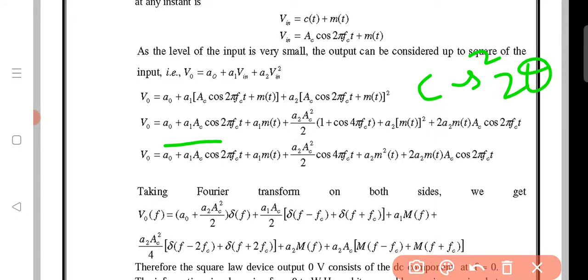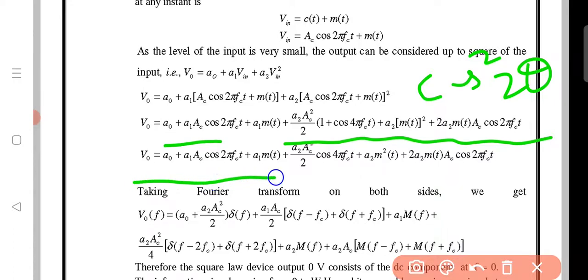Okay, then the equation, this term is like this. Okay, so by expanding the above equation, we get the final equation here: a naught plus a1 Ac cos 2 pi fct plus a1 m of t plus a2 Ac square by 2 cos 4 pi fct plus a2 m square of t plus 2 a2 m of t Ac cos 2 pi fct.